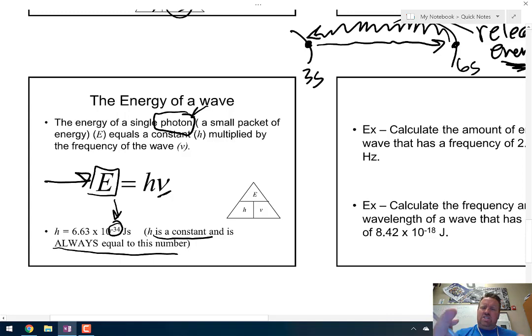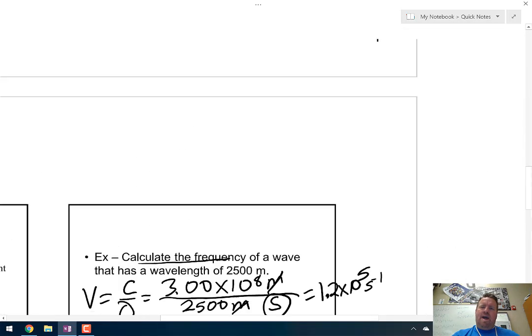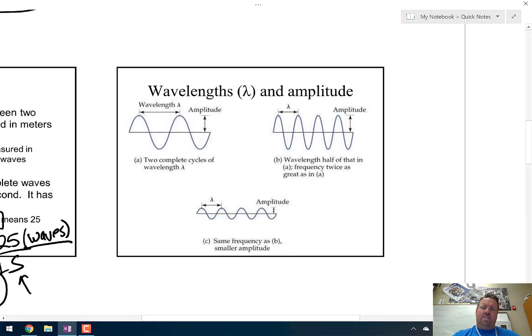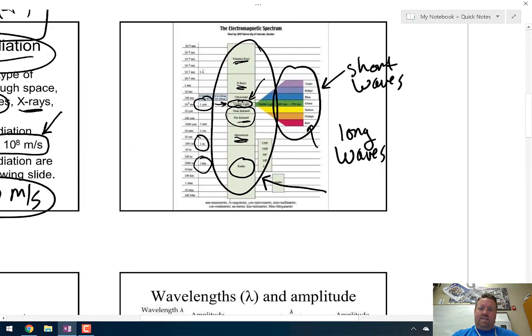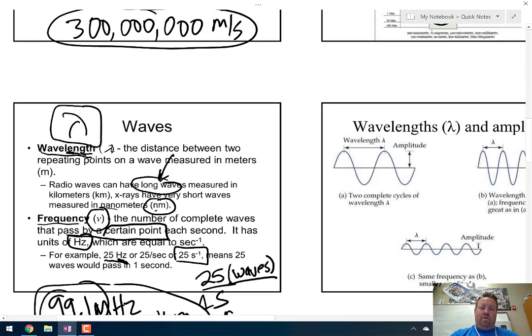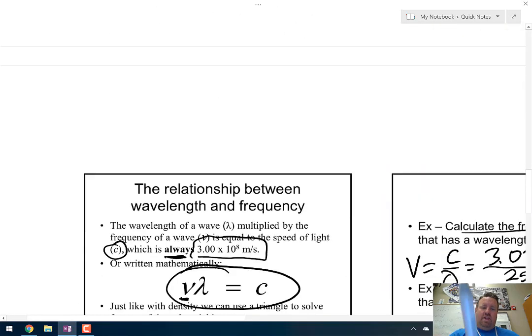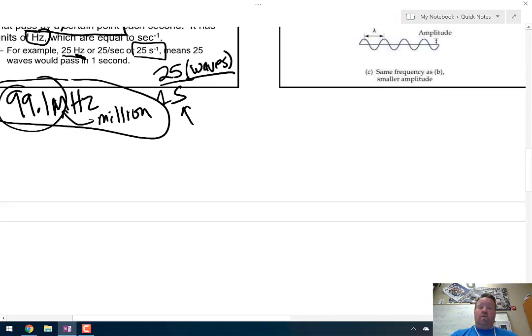Now, coming back here to our electromagnetic spectrum, we said that red and orange tend to have longer waves and the bluish purplish colors have short waves. Well, the longer the wavelength, let's come back to our equation down here, what can we say about the frequency? Remember, the speed of light is constant. So the longer the wavelength, the smaller or shorter the frequency.